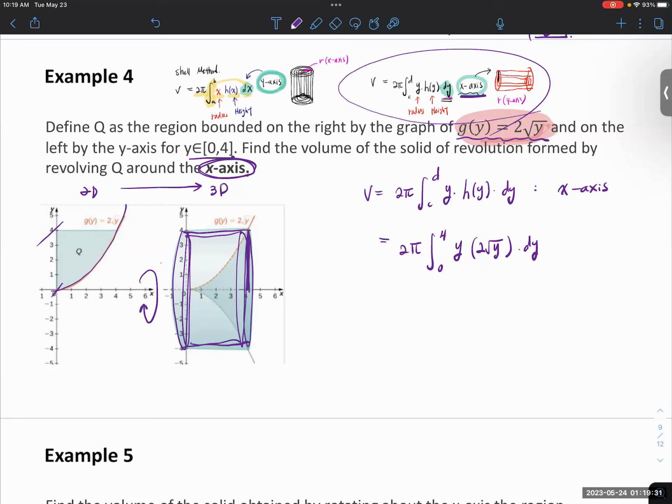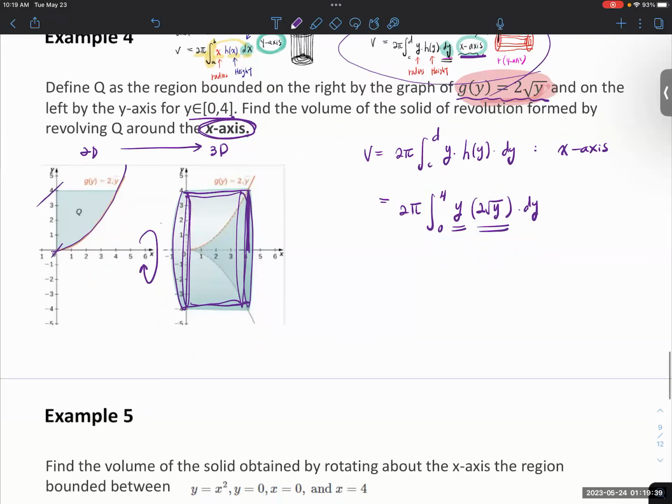So you have the radius of the circle, you have the height function. Take a look at it, we have all the information. We're going to take the integral. This means I'm going to bring the constant to the front. So 4 pi, 0 to 4, y times the radical y, dy. Everybody knows that radical y is a half exponent.